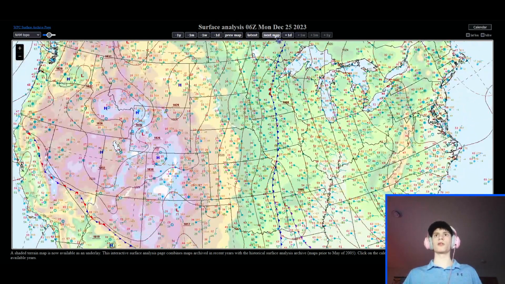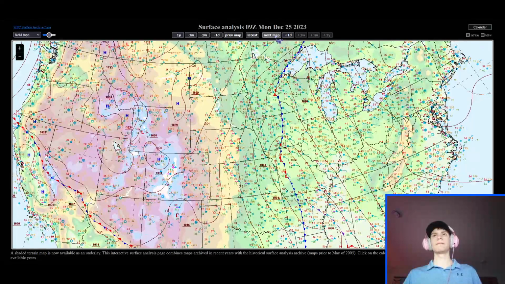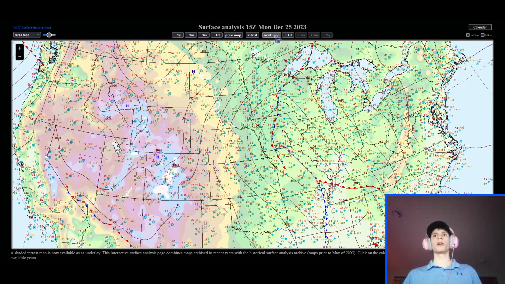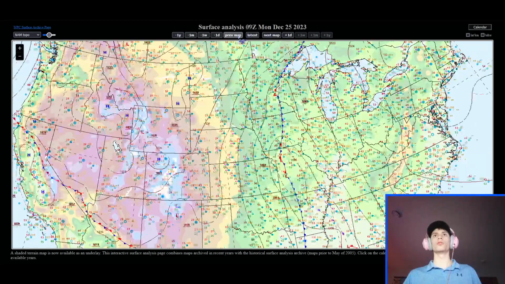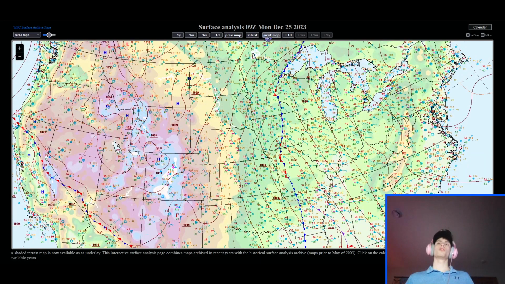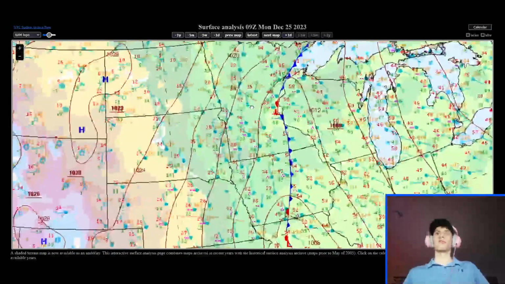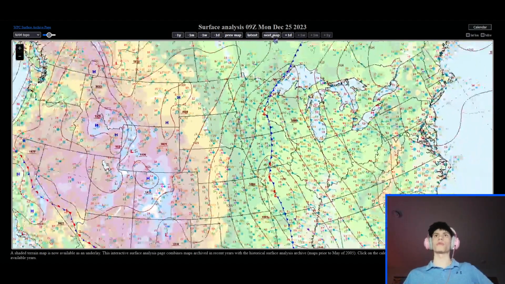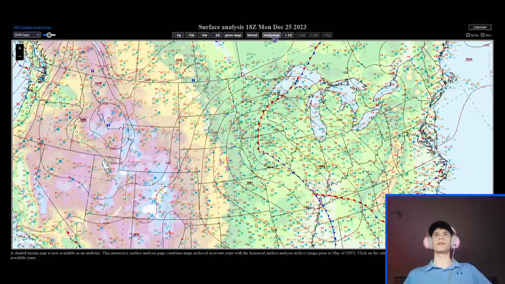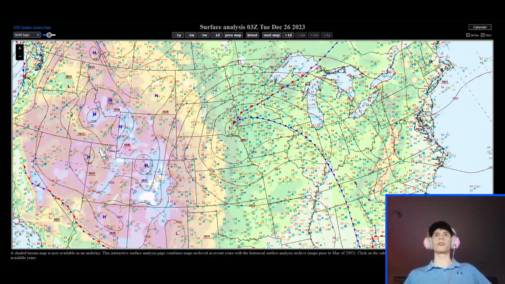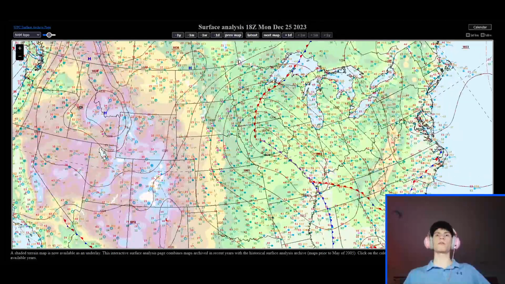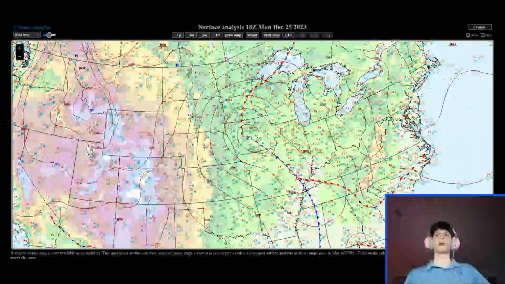And it continued. We're now going into December 25th, Christmas Day at 3 a.m. And there is still rain occurring right now. And here's the massive cyclone that we talked about earlier.